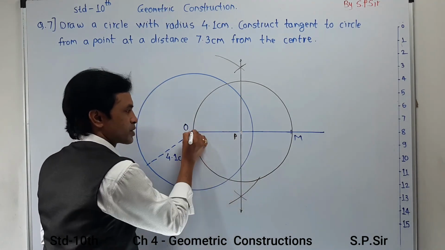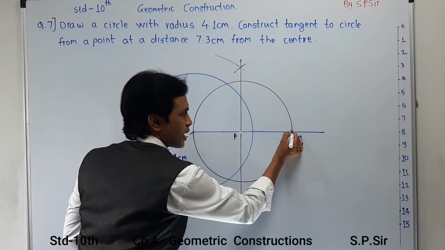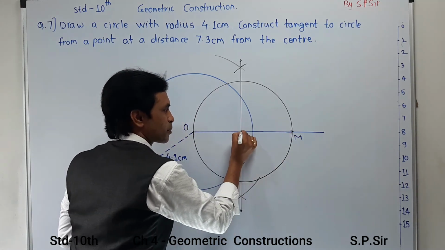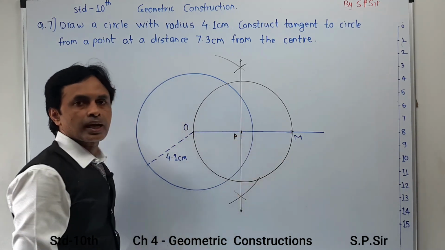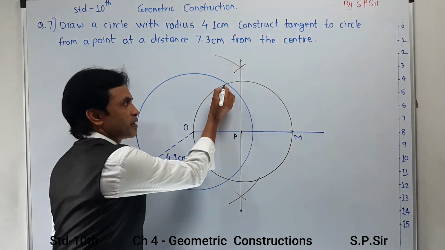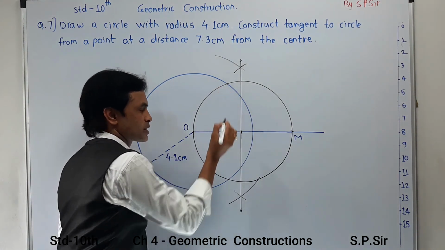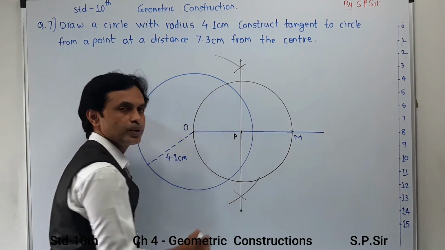And in this way, your circle passes through O as well as M, and your center point is P. This is the step, and you have to identify these two main points which touch the original circle over here.